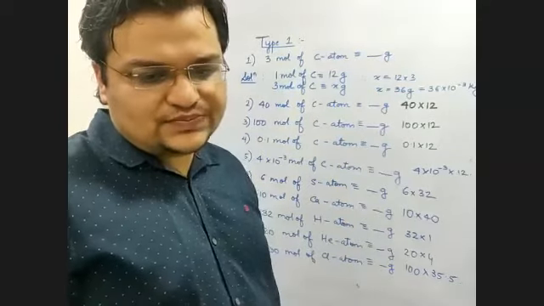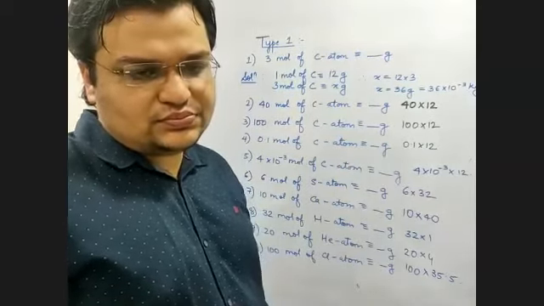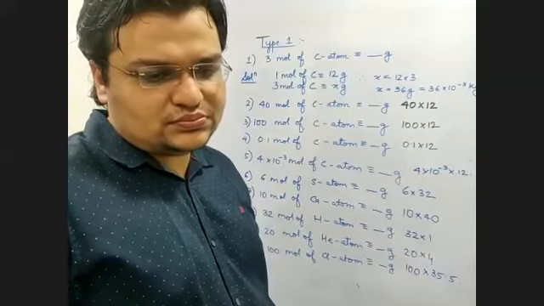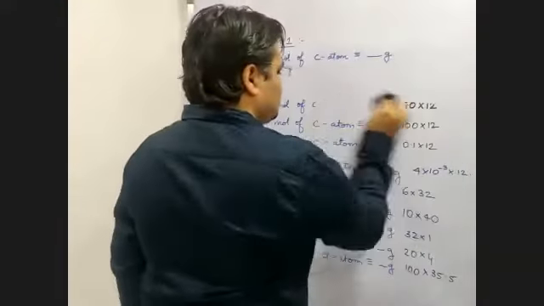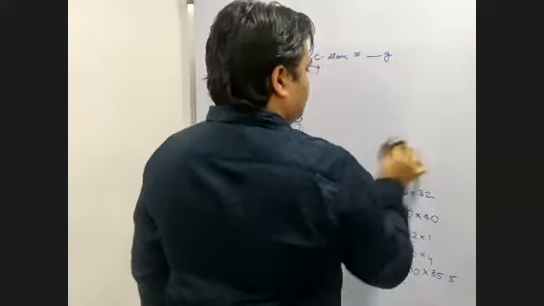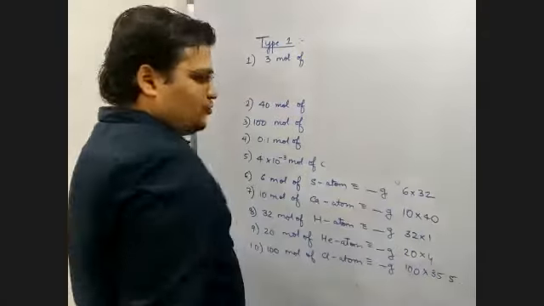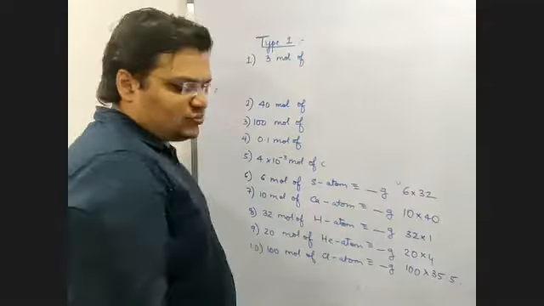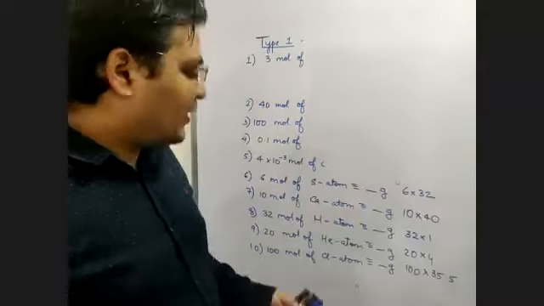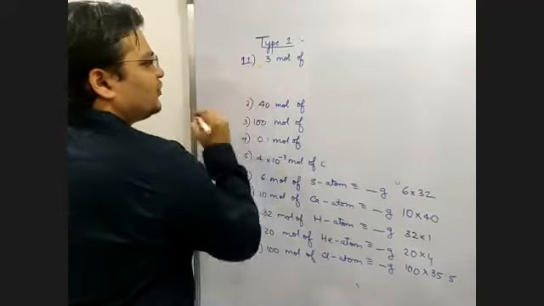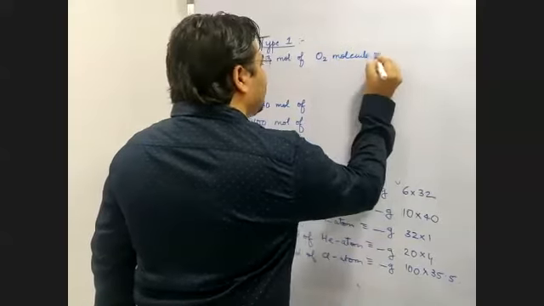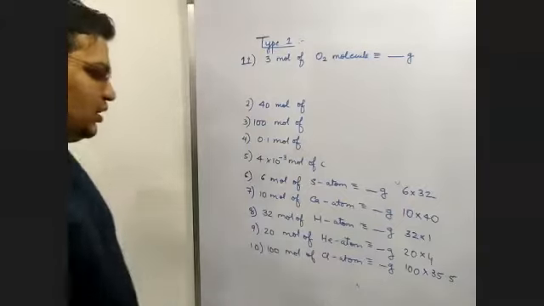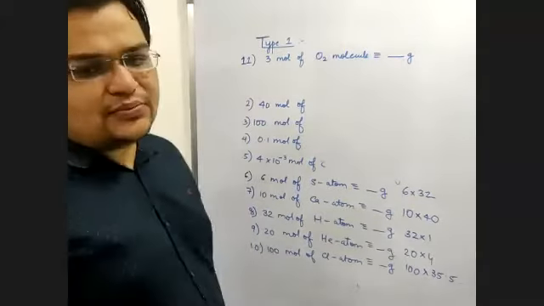Are the sums done, guys? Okay, now the 11th question over here: 3 mole of oxygen molecule is dash grams.